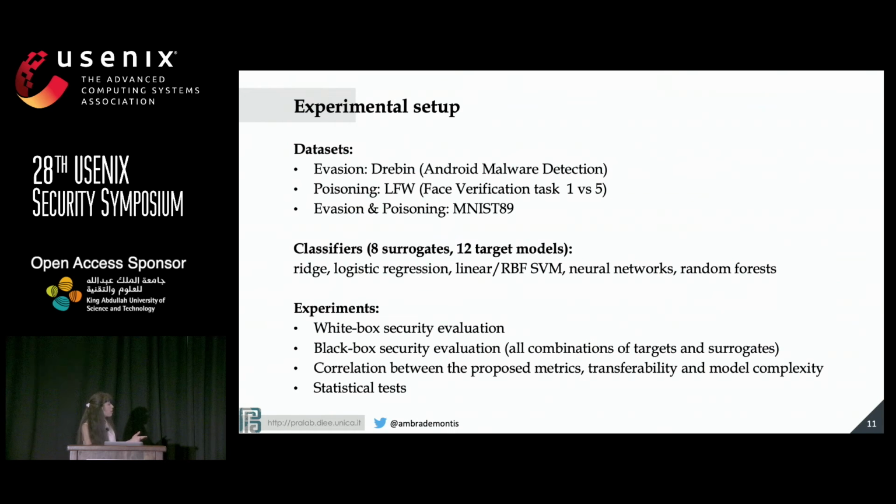We did different experiments in white box and black box scenarios, and we computed the correlation between the proposed metrics and the transferability. We also analyzed the relationship with the model complexity, and we made some statistical tests to validate our hypotheses and the correlations that we found.